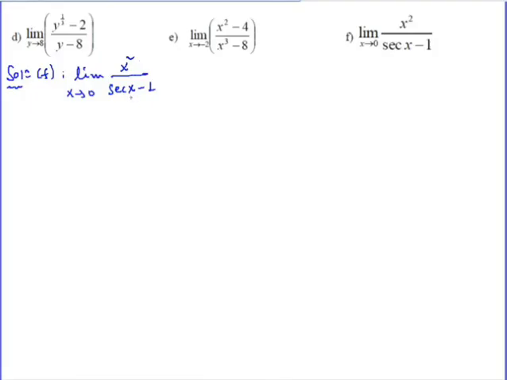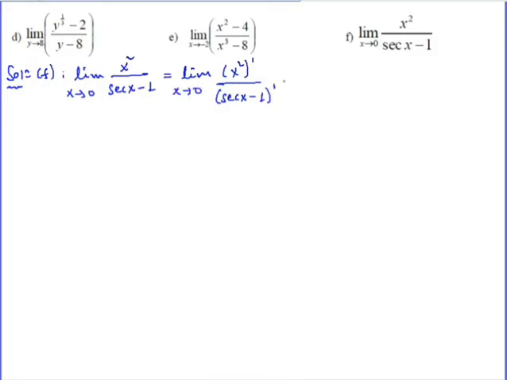Sec 0 is 1, 1 minus 1 is 0. So the result will be 0 over 0. In this case, we can immediately use L'Hopital's rule, which is the limit of the derivative of x squared over the derivative of sec x minus 1, as x approaches 0.